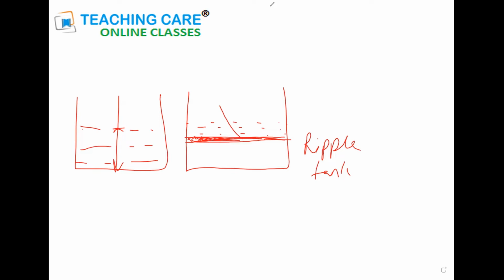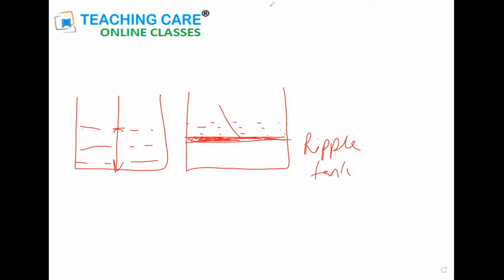The right hand end of a ripple is the first part to enter the shallower water.